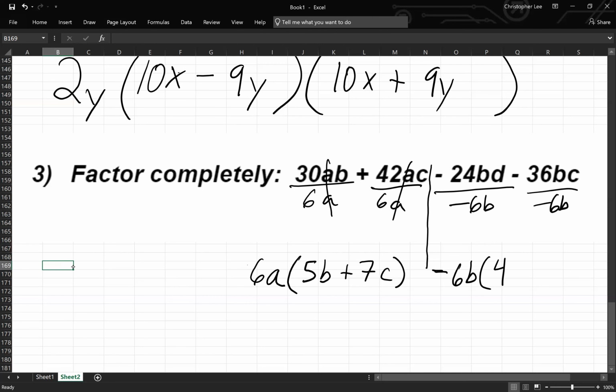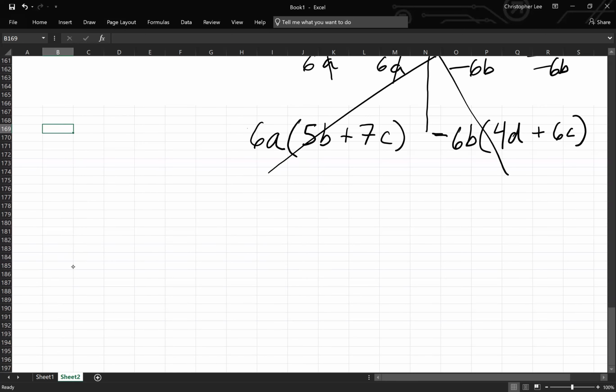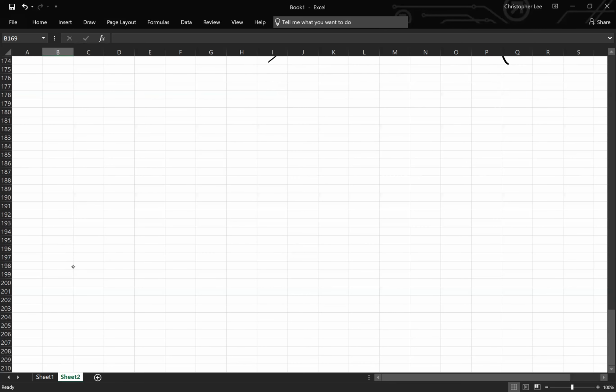Yeah, I could tell this is a bad question. Oh Lord. 4D plus 6C. Bad question. Scrap that question, because I didn't factor correctly. That's why we got that wrong. The one on your test will work.